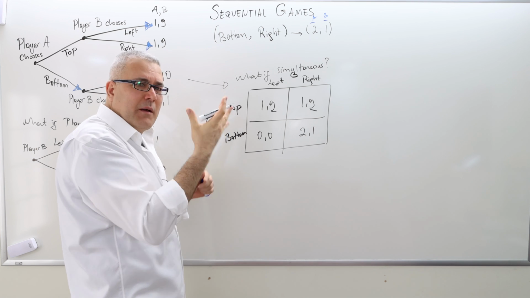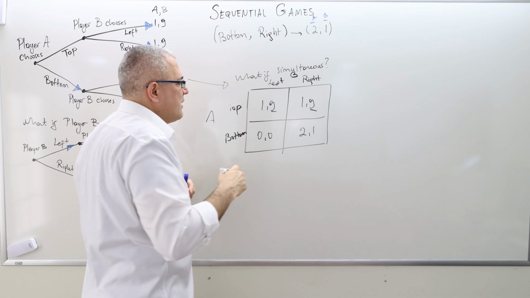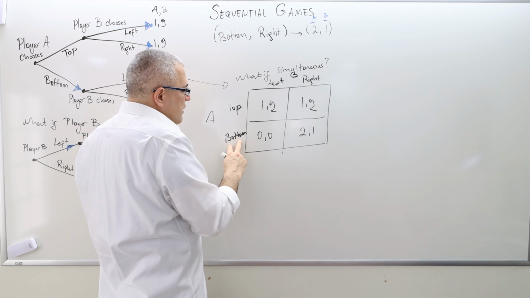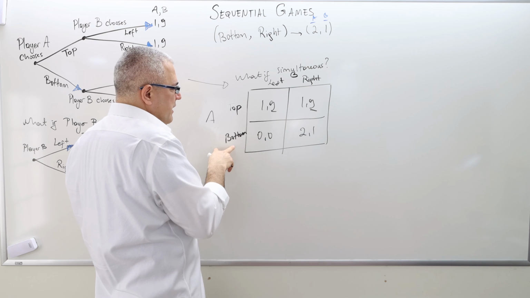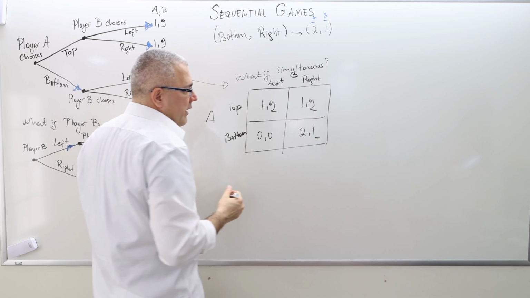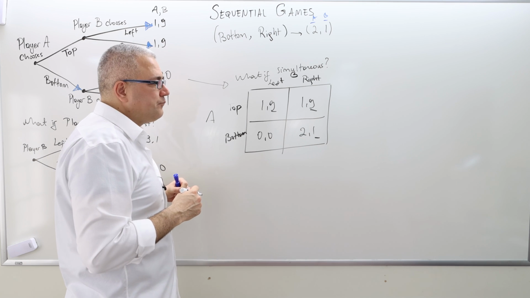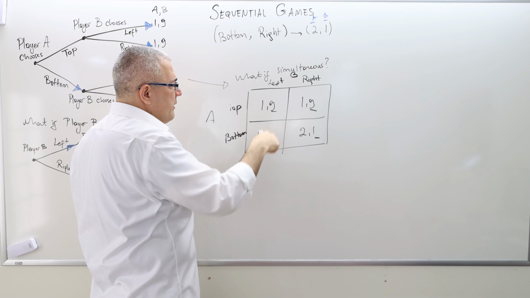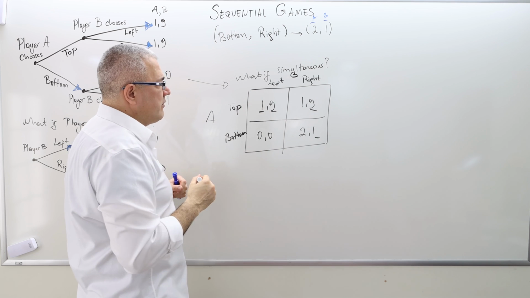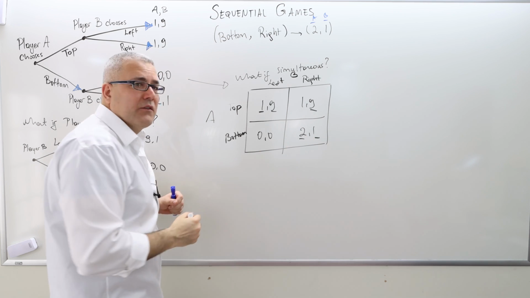We are calculating the best responses, the regret-free strategies and outcomes. If bottom is the action of player A, then right is the better, regret-free action for player B. And then if player B chooses left, this is the regret-free outcome. If she chooses right, the regret-free outcome is this.